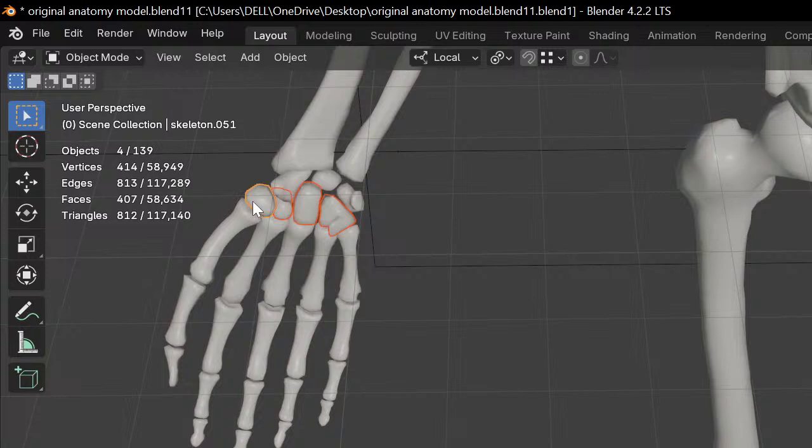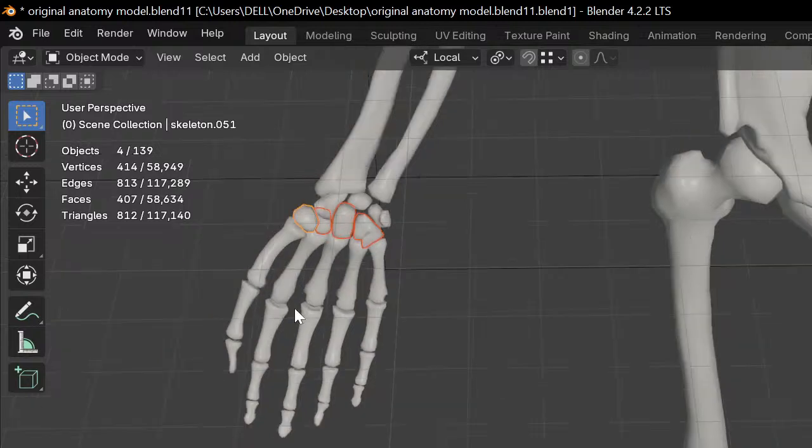Then we have that, which is for the trapezium, they, that will be the trapezoid, the can't will be the capitate, and the handle will be the hamulus. The hamulus has a hook-like handle that we mentioned the other time.